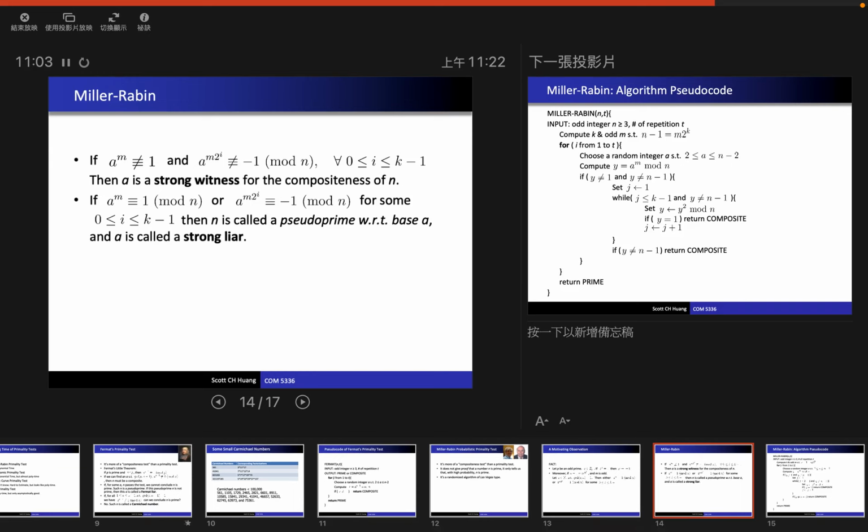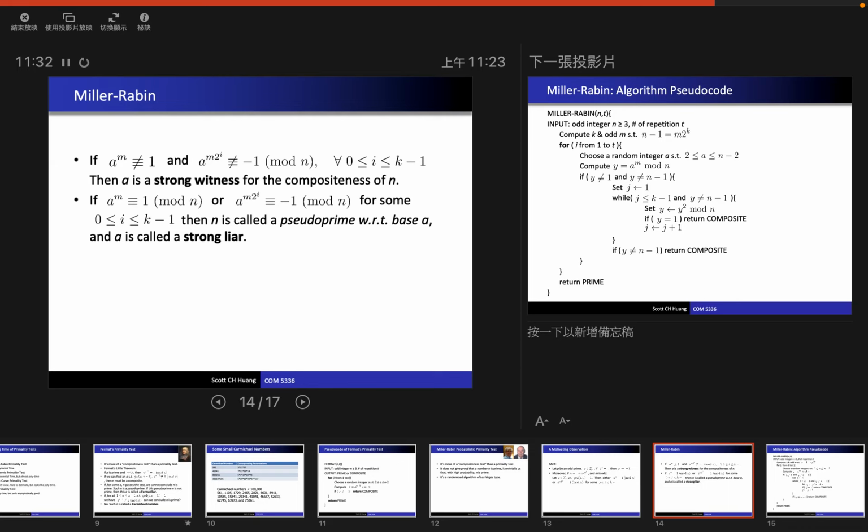So the one that's really useful is this. A to the m is not equal to 1, and then a to this part is not equal to minus 1. What does that mean? It means in this part, we don't have a minus 1, including a to the m.